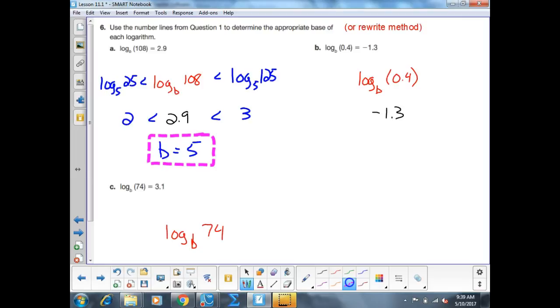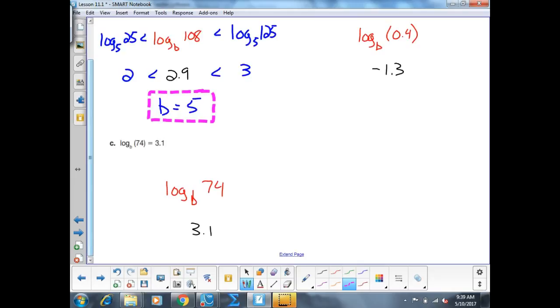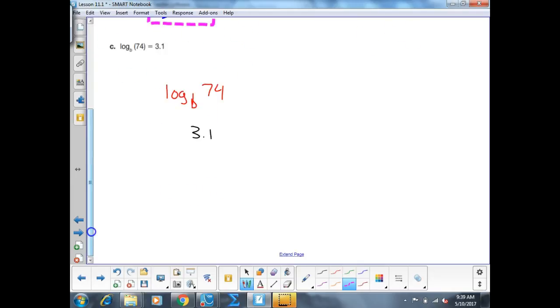I'm going to skip to C first. What did we come up with for C? 3.1 is between 3 and 4. So what logs are we thinking about there? What are we thinking for a b value in C? Kevin, 4.